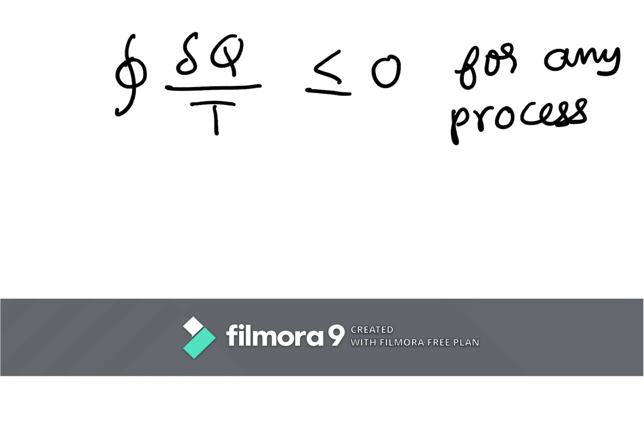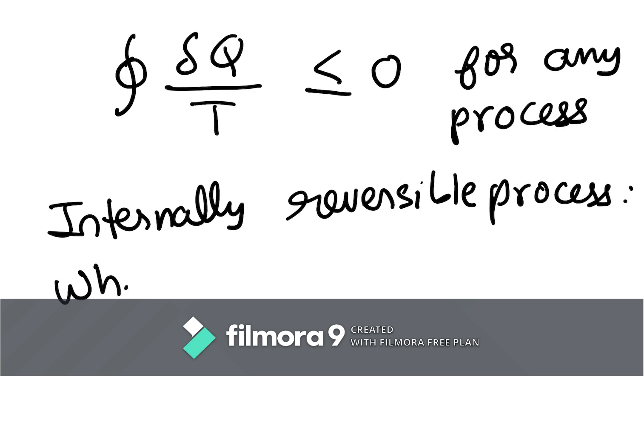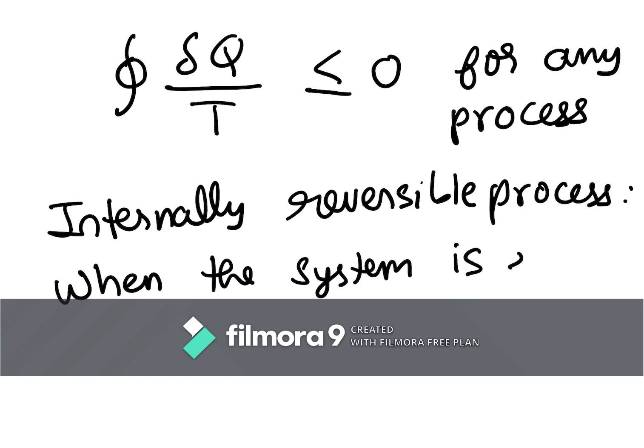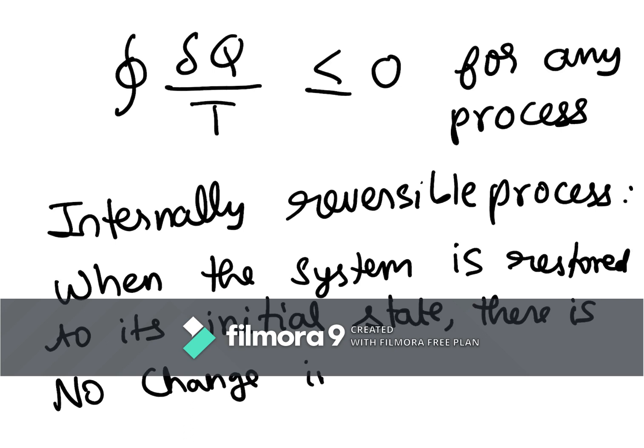And earlier we discussed what an internally reversible process is. An internally reversible process is one in which, when the system is restored to its initial state, there is no change in the surroundings.